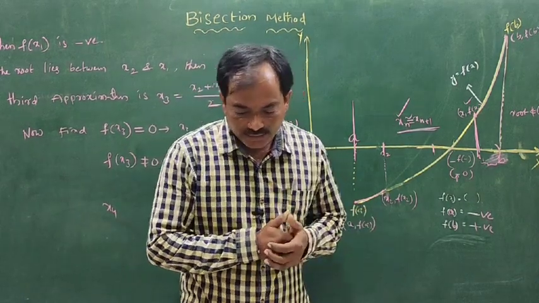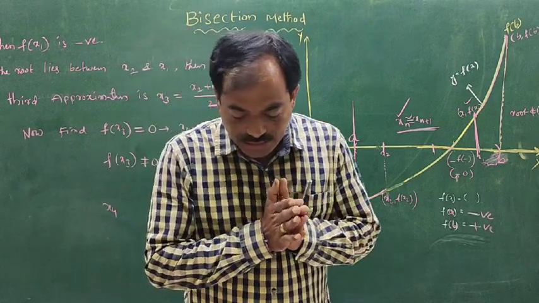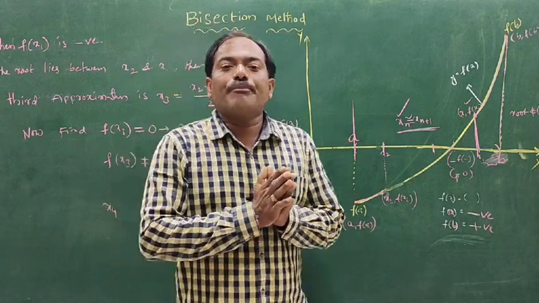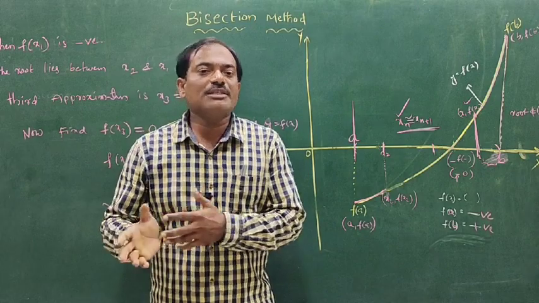In this method, we continue the process until we get the desired accuracy. This is called the bisection method. Dear students, we will solve a problem based on this bisection method.